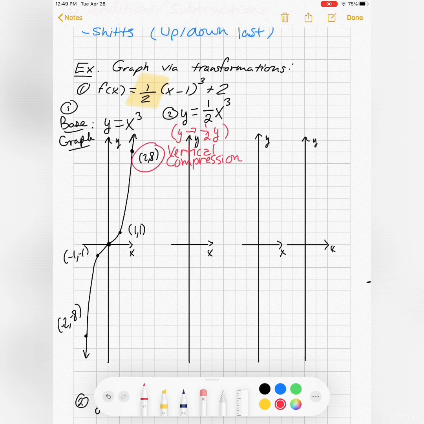Okay, so let me take each point here, multiply the y by 1/2, or in other words, divide it by 2. So my point here would be at 2, 4. My point here would be at 1, 1/2. 0, 0. And then -1, -1/2. And -2, -4.